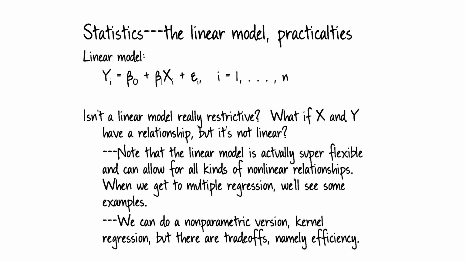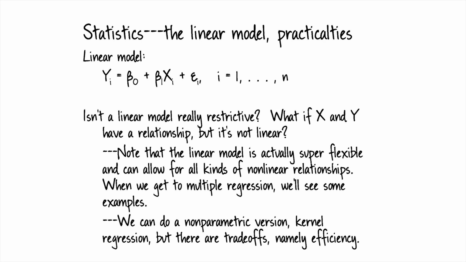And like I said, we can use dummy variables to allow for nonlinear shapes by tricky multiplication. We'll show you examples of that. But the point I want to make now is that it seems like it might be a restrictive framework, but it's actually a super flexible framework. And we'll see all kinds of examples of how flexible the linear framework actually is.